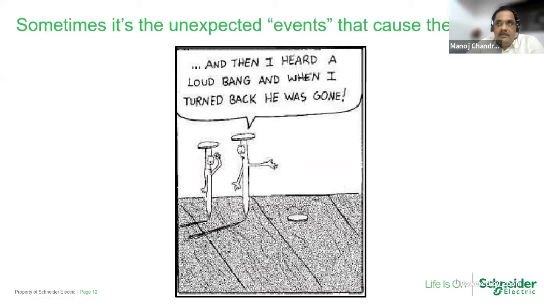So in a process plant, not only process plant, any production plant, one of the biggest constraints or biggest concerns for any operations and maintenance personnel is unexpected events, because unexpected events cause disruption in production. It can escalate cost.